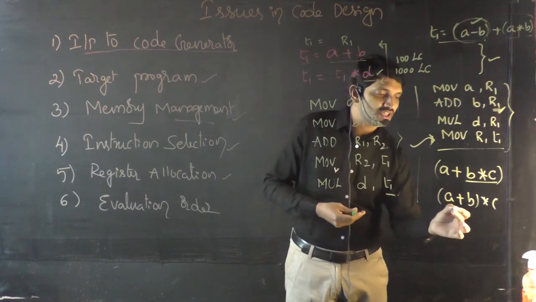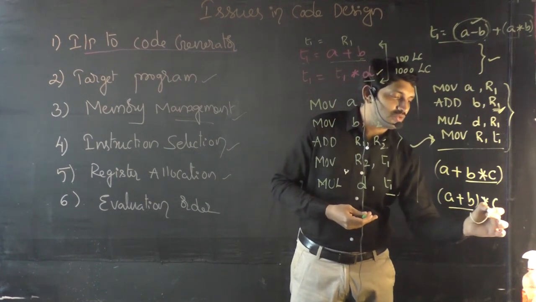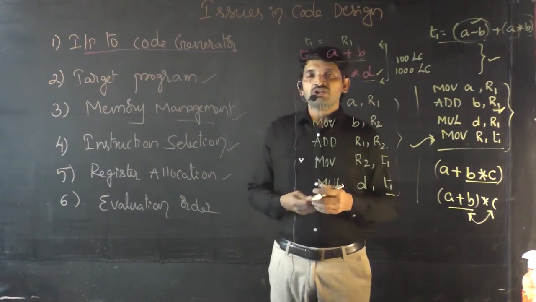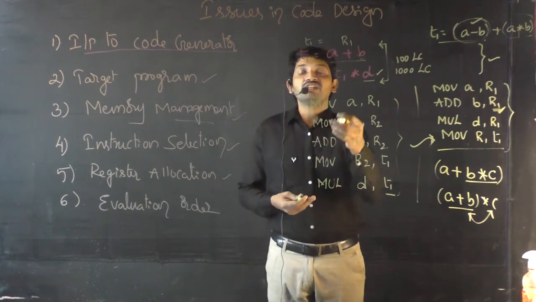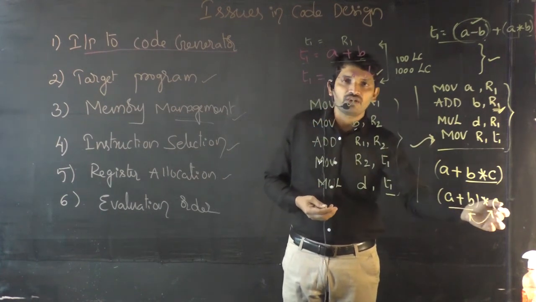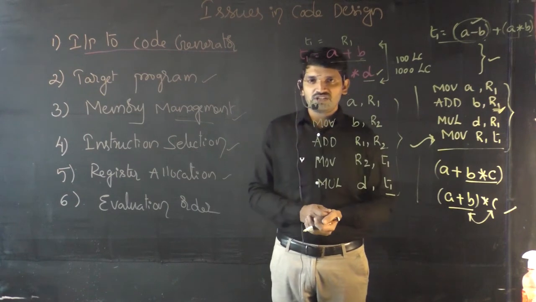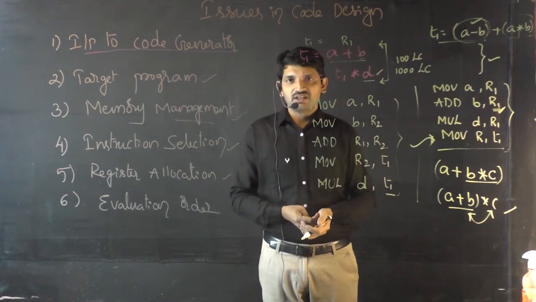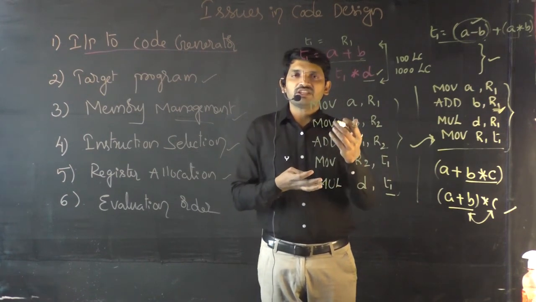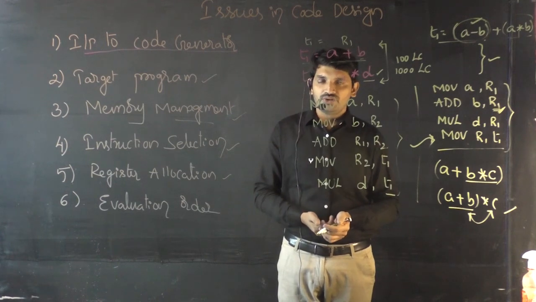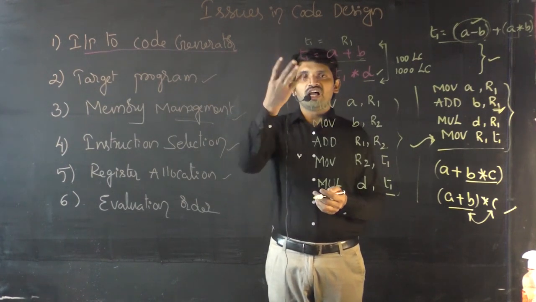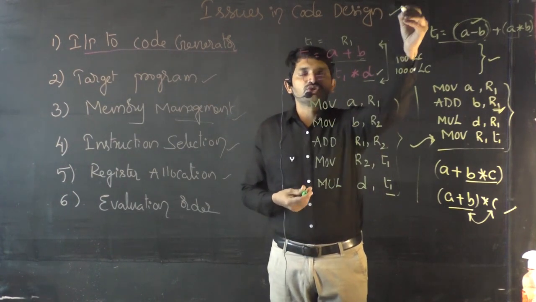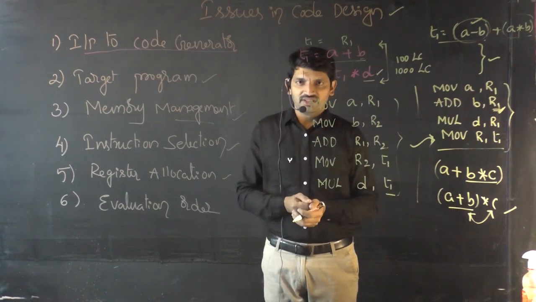So first we have to execute A plus B, then only multiply with C. So the evaluation order definitely plays a major role while executing the instruction and getting the result. Here getting the result means nothing but the target code. So this is all about the various issues associated with code design. Thank you.